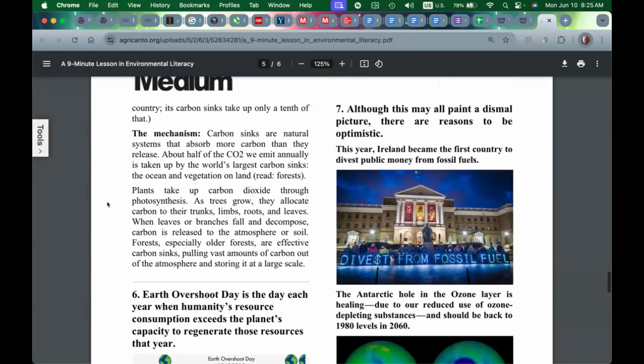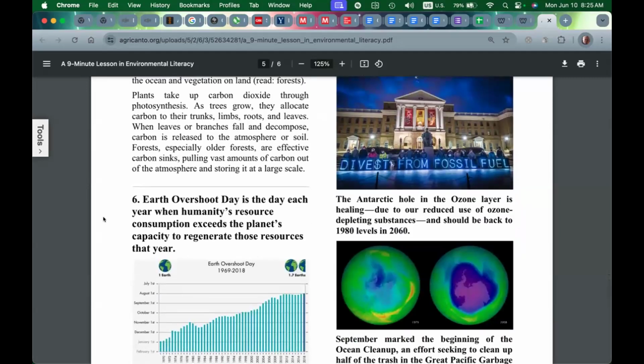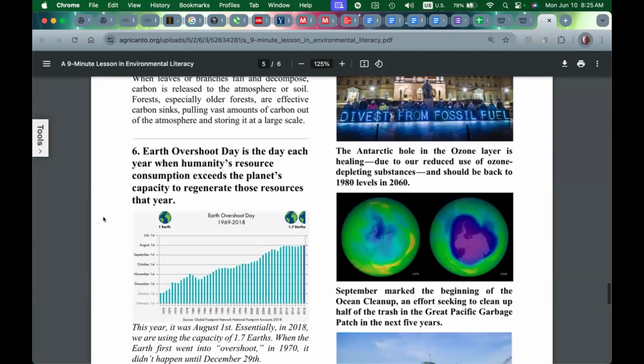And although number 7 is the changes that are being done that are positive, in particular addressing the climate problem, this is not restricted to the climate problem. There is the problem of ozone depletion in the stratosphere, which we'll talk about in the atmosphere chapter, that created the so-called hole in the ozone over Antarctica.